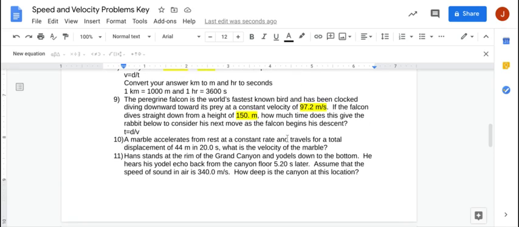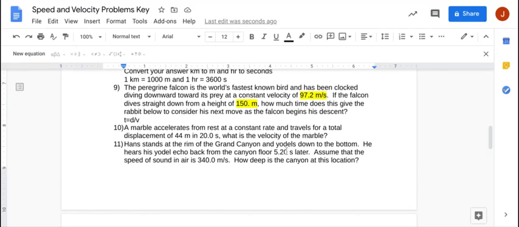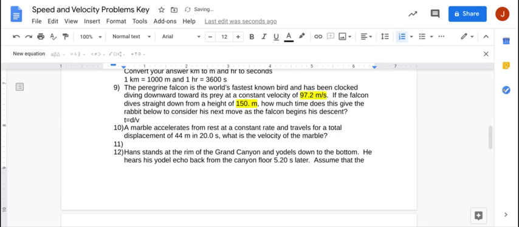Number 10. A marble accelerates from rest at a constant rate and travels for a total displacement of 44 meters in 20.0 seconds. What is the velocity of the marble? There's some extra information in here that you don't need. Accelerating from rest at a constant rate. That is just there to kind of throw you off. Physics problems will do that, so you have to learn to see the important stuff.